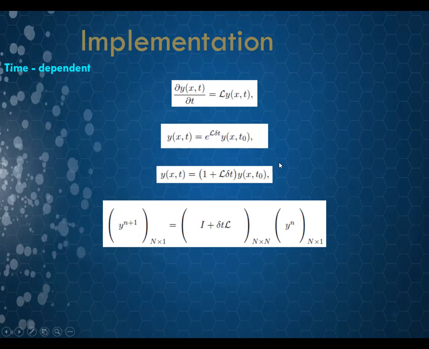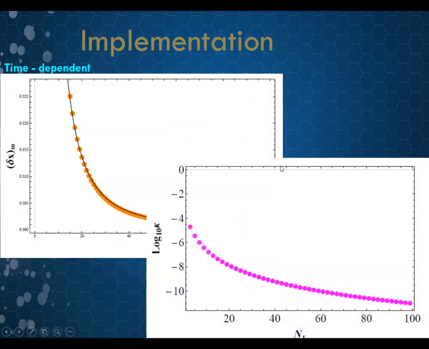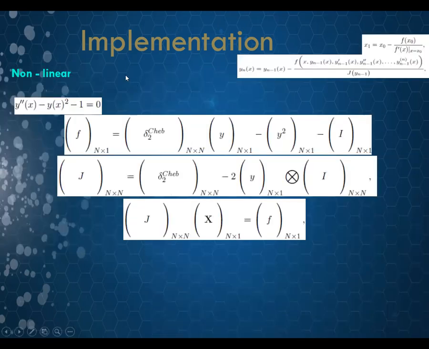And let me skip more explanation about the solution, and you can find clearer explanation in the references I mentioned at the first. And the other case is non-linear. In non-linear cases, we combine the spectral method with Newton-Raphson iteration.